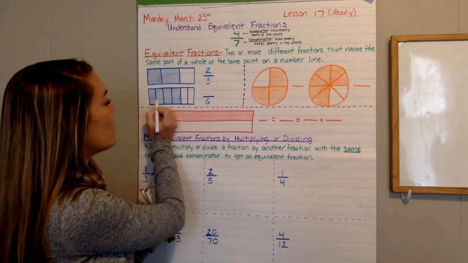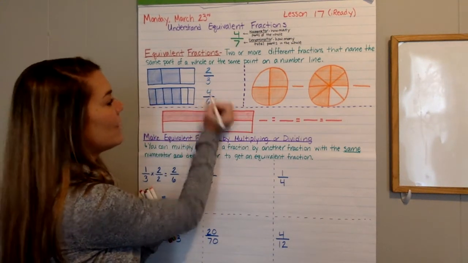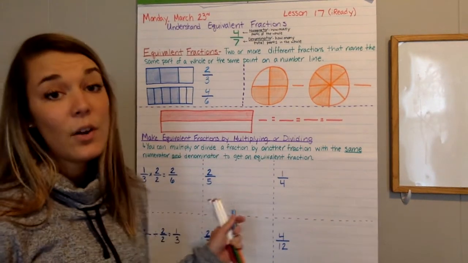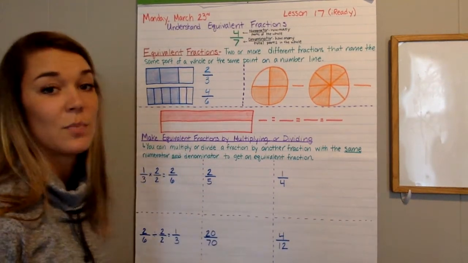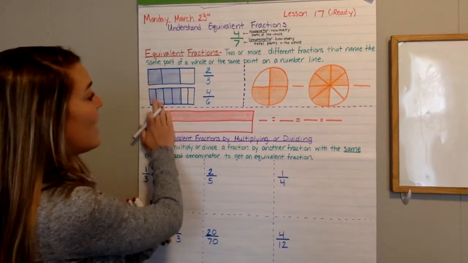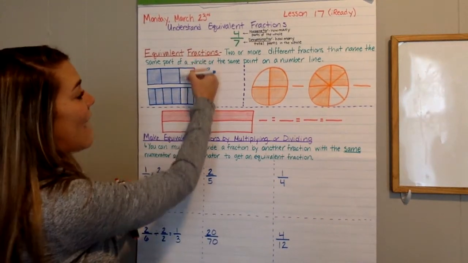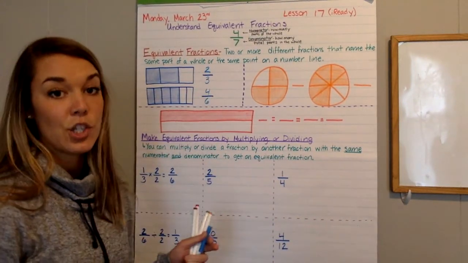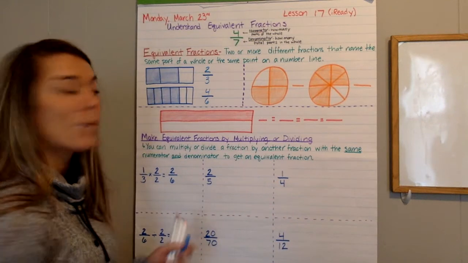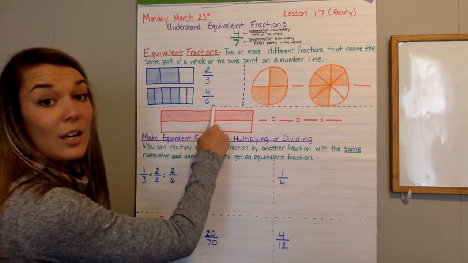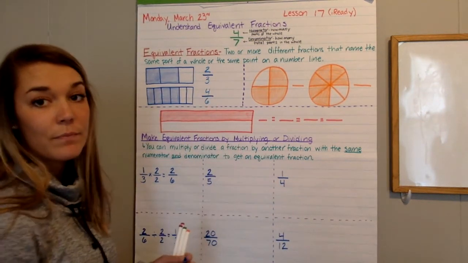How many are shaded? 1, 2, 3, 4. Oh, okay. Now, I know these fractions are equivalent fractions because I can tell by my model. I can see that they have the exact same amount shaded, right? So that's why 2/3 is equal to 4/6, okay?